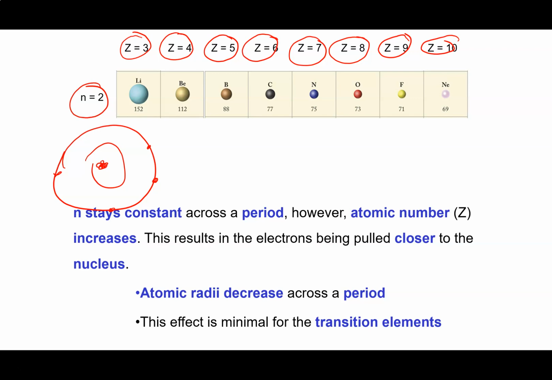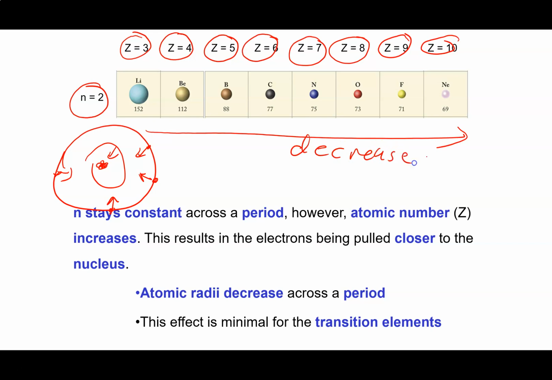So what happens is that all of the electrons kind of get snugged in a little bit because the nucleus increases in its positive charge as we move across. And that happens every time as we move across. All of the layers get kind of snugged in a little bit. So what we see as we go across is a decrease in size. So we get an increase as we go down a group, but as we go across a period, we get a decrease. So we have to put both of those trends together.